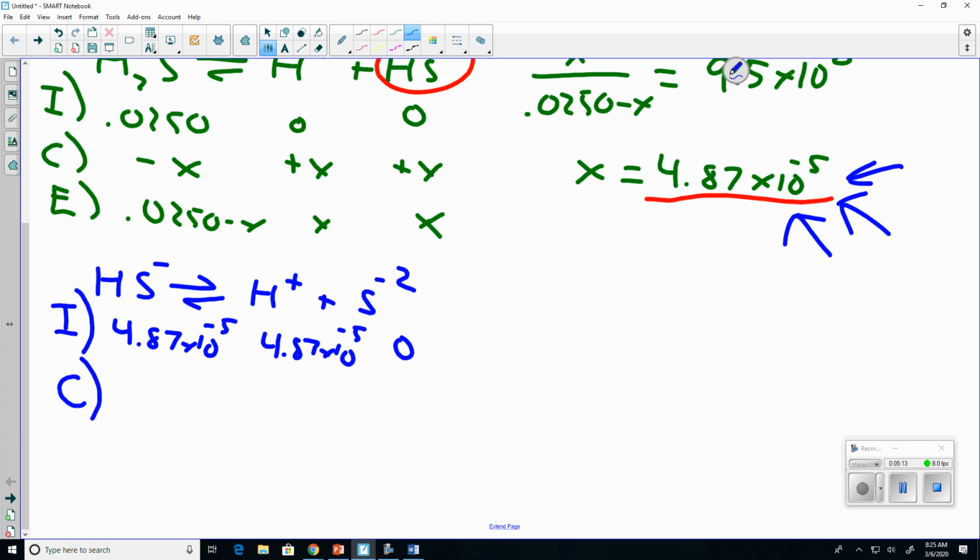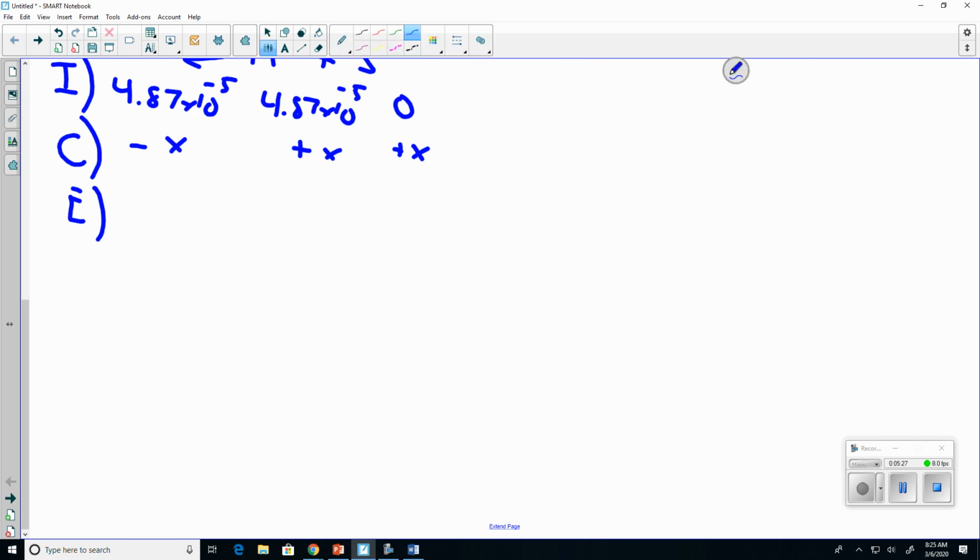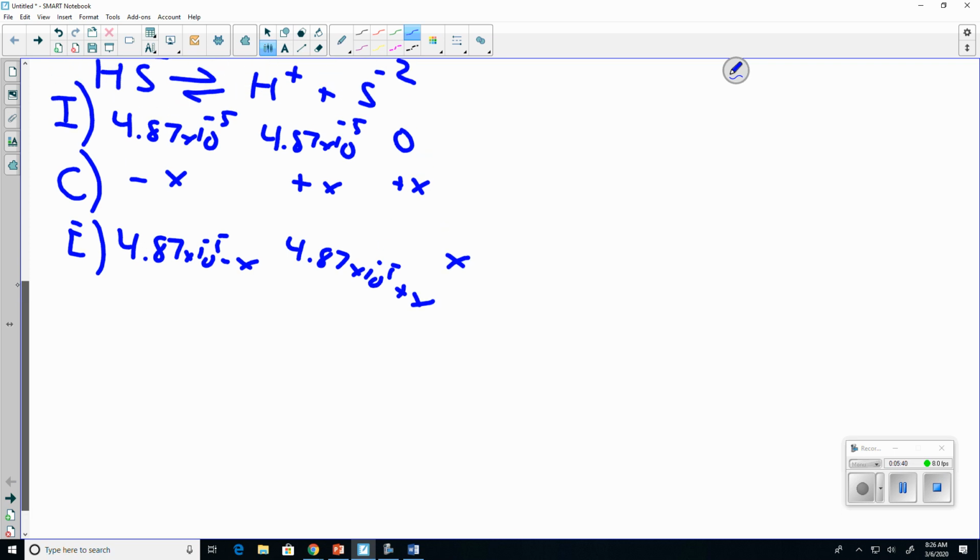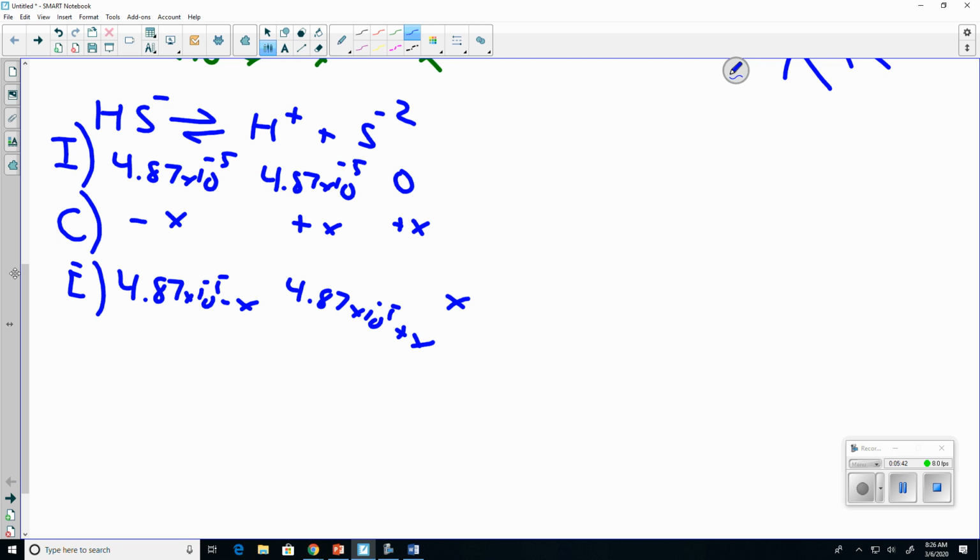I change, again, this is going to lose, this is going to gain, which means at equilibrium, I'm going to have 4.87 times 10 to the negative fifth minus x, 4.87 times 10 to the negative fifth plus x, and x. Sorry that I'm kind of getting sloppy here.